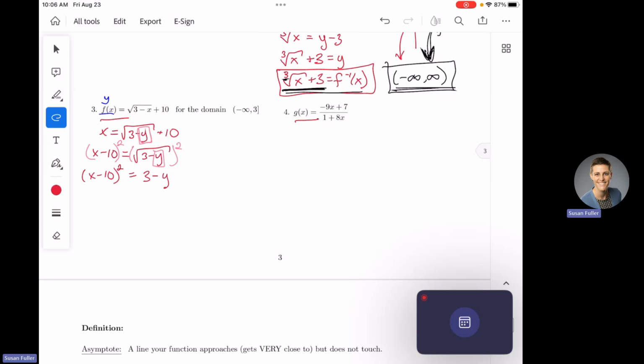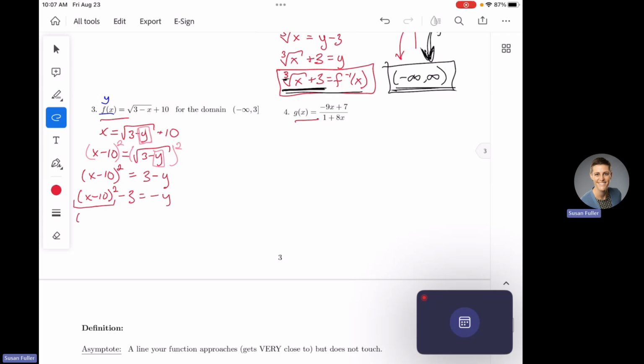And then now what we can do is subtract that 3 from both sides. So I'm going to get x minus 10 squared minus 3 is equal to negative y. And then to get y by itself, I'm going to have to multiply everything by a negative 1. Before I do that, I'm going to multiply this out so that I can combine my like terms here.